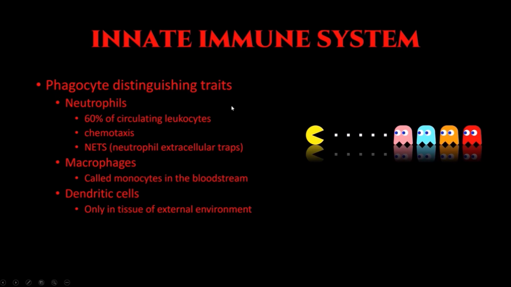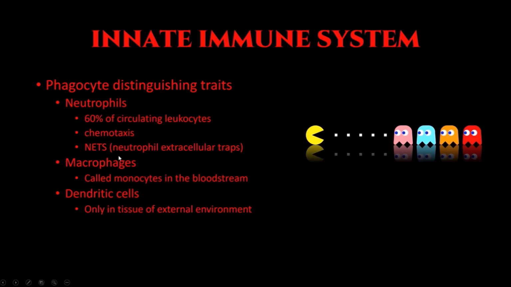That's what chemotaxis is. Furthermore, it produces things called NETs, which are neutrophil extracellular traps. It is able to utilize histones, proteins, and DNA within itself to wrap up different pathogens outside of the cell near it. So it does a lot of cool things.